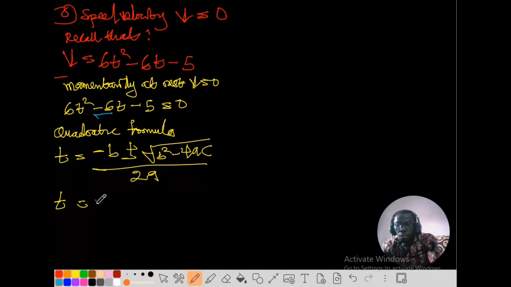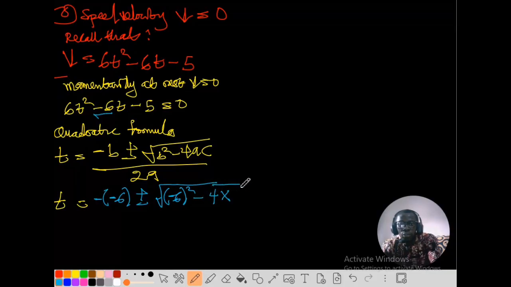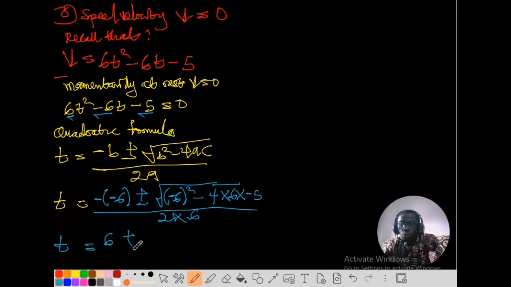So b is minus, then the b itself carries minus 6, plus or minus square root of minus 6 squared minus 4 times a, which is positive 6, times c, which is negative 5, over 2 times a. 2 times a is positive 6.